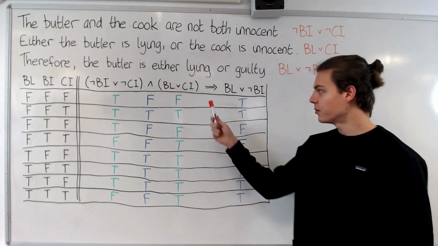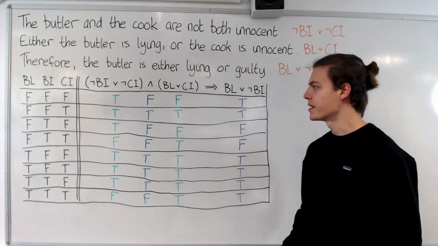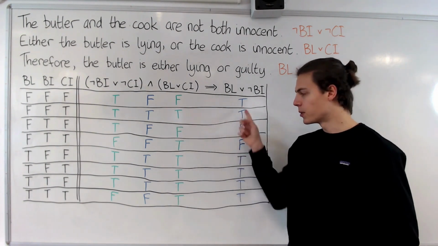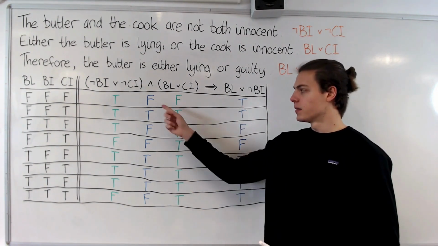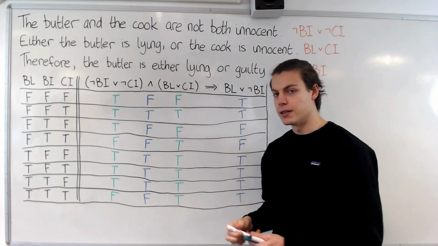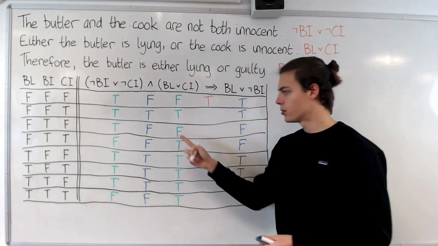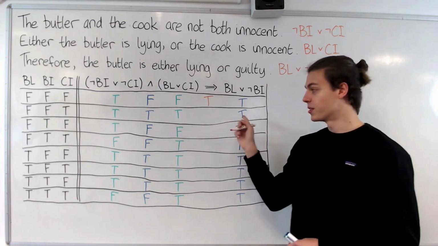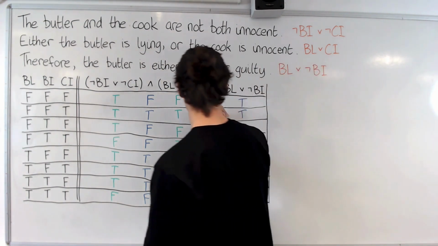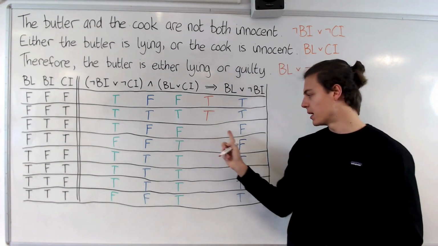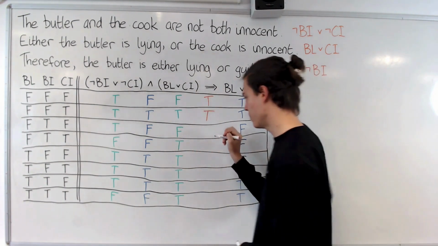Now finally, we can fill in this implication column, right? And we're looking at the two blue columns now. False implies true is true. True implies true is true. False implies false is true.